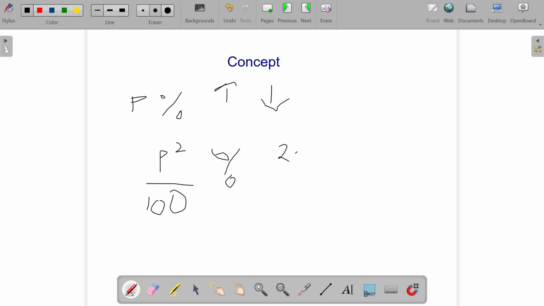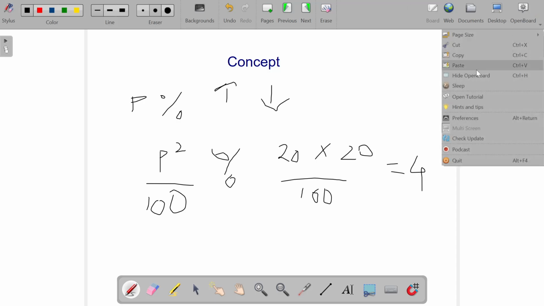So p square by 100 is how much? 20 multiplied by 20 divided by 100, which is 400 divided by 100, which is 4, which we got from our calculation in the last question. So this is a very fast way to do those problems. Whenever I increase by p percentage and decrease by p percent, the net change will be p square by 100%.